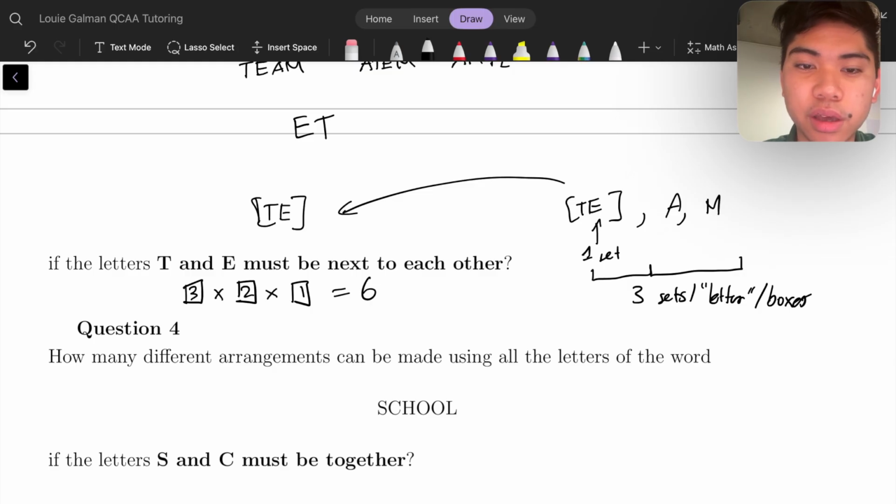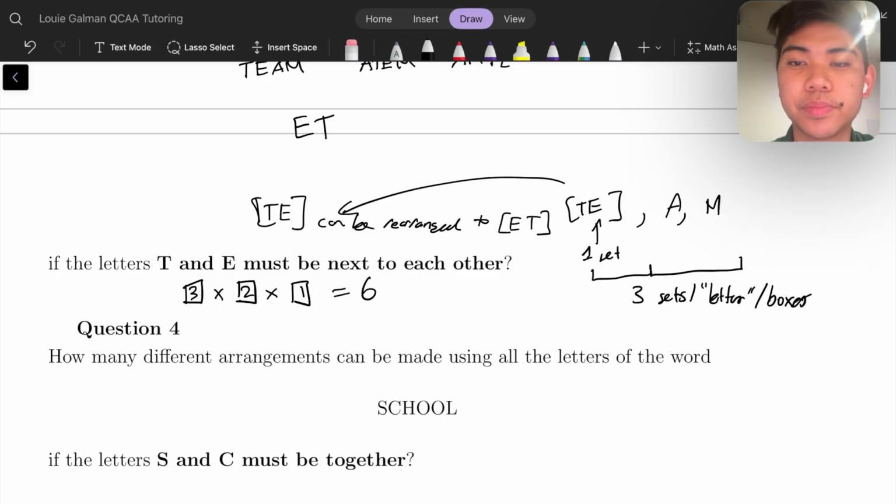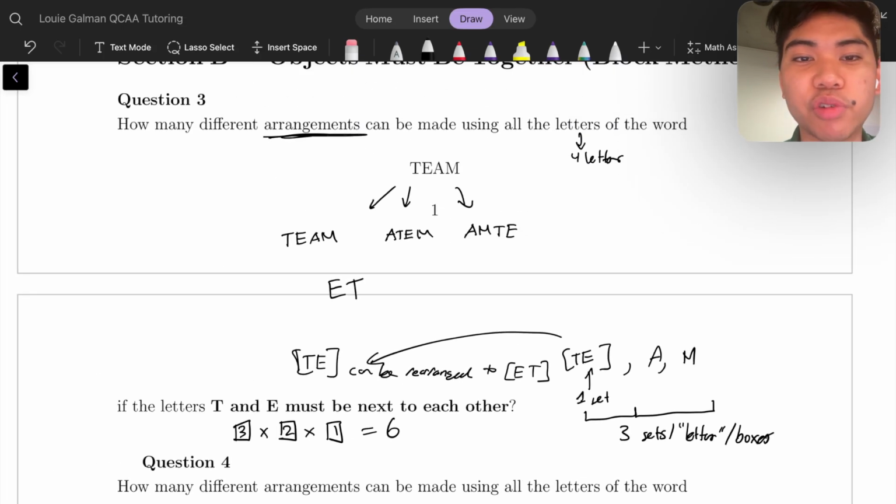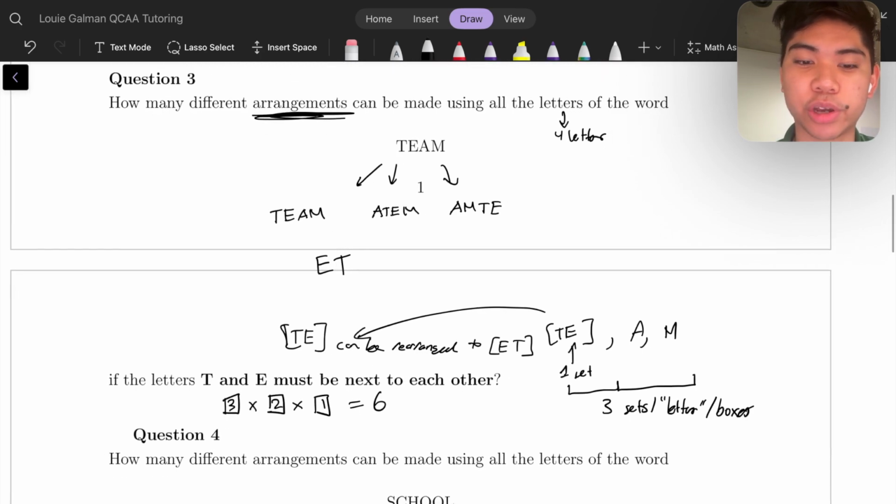So TE can be rearranged and become E and then T, because again, it's asking how many different arrangements, so it really cares about the order of things. So order does matter in this question.